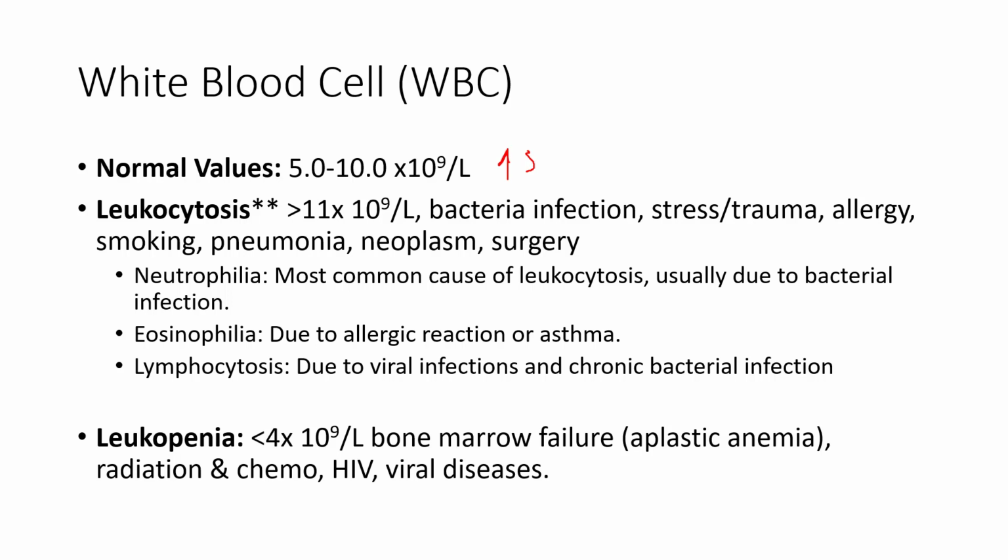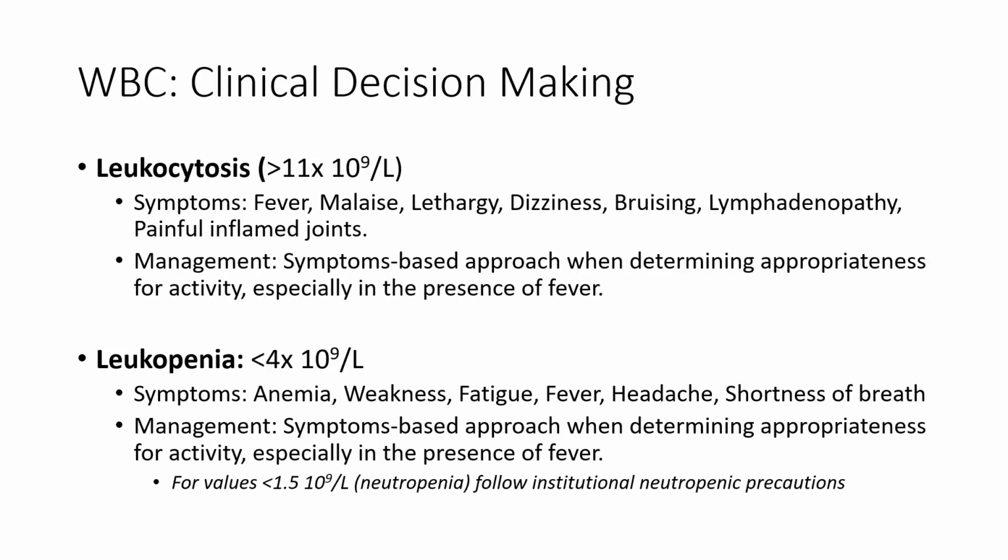And again, we've got guidelines for both. So we factor in different symptoms and other clinical presentations. Patients with leukocytosis may have a little bit of a fever, a little lethargy, maybe feel a little dizzy, maybe have some inflamed joints, depending on what's driving it. You'll see this phrase used often within our lecture, and it comes right from the guidelines: using a systems-based approach.